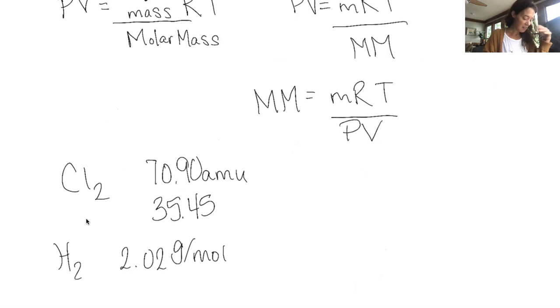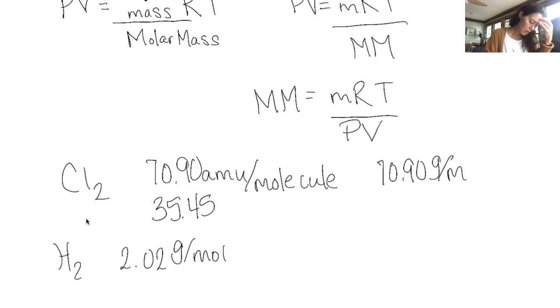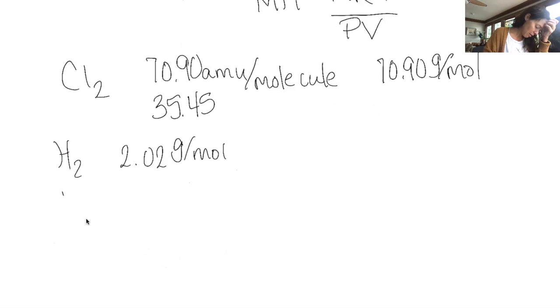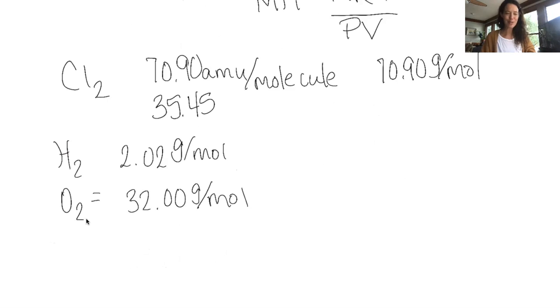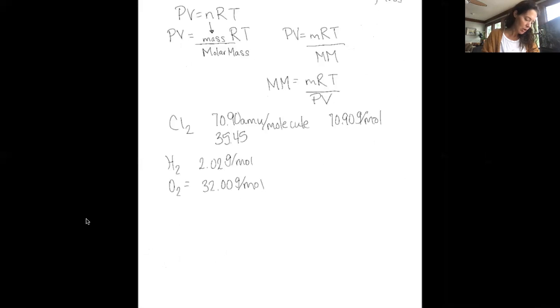AMU per atom or per molecule, that would be per molecule, but you don't need to worry about that. We would say 70.90 grams per mole. So don't forget your diatomic gases. A lot of students never do. A lot of students always do. All right, anyway, we could essentially get the molar mass and identify the type of gas that was present, okay?